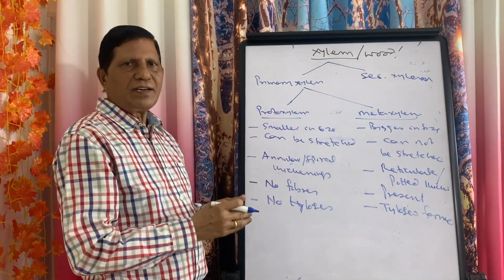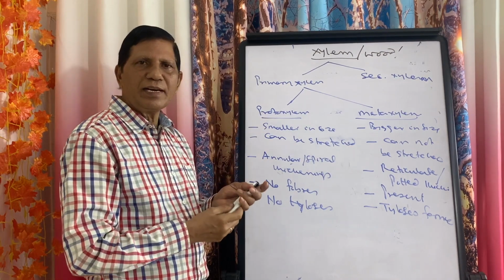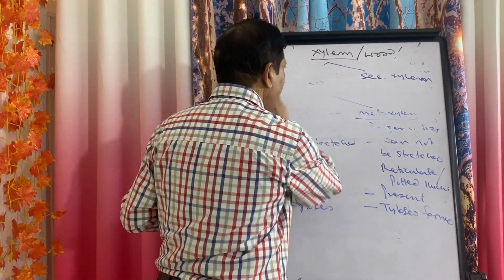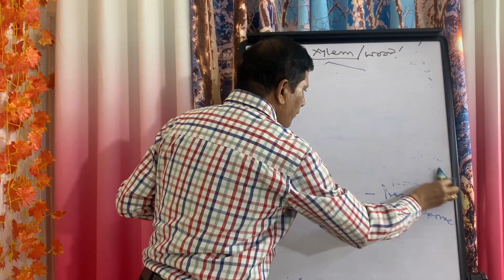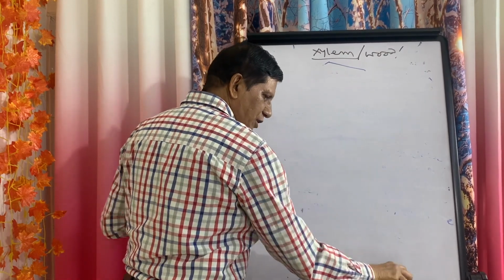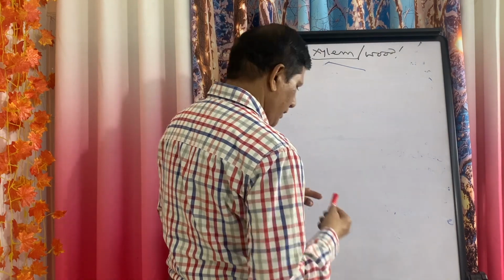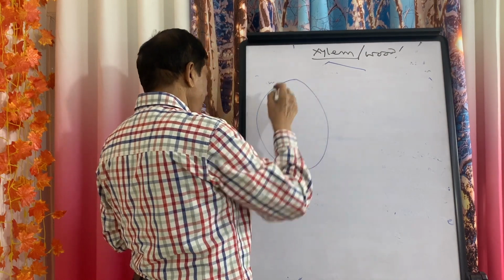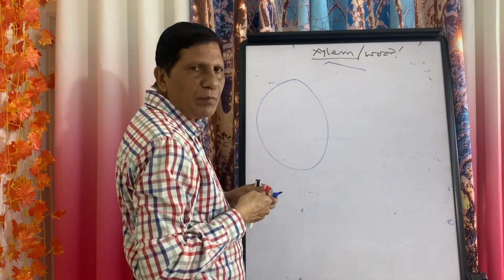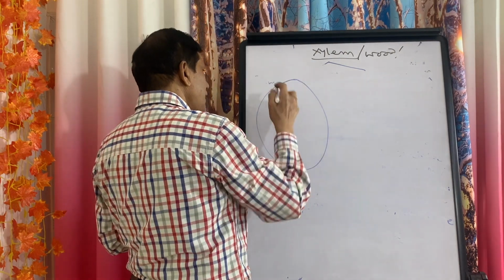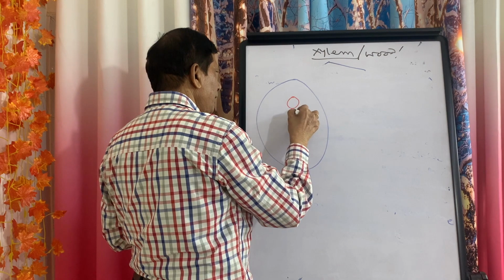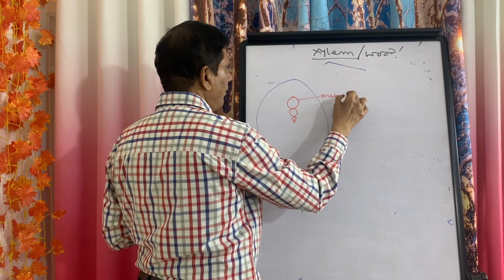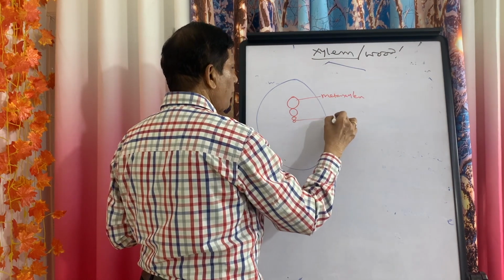Now diagrammatically let us explain the structure of this protoxylem and metaxylem in the case of stem and root. Now if we draw the diagram of a stem, suppose this is one dicot stem. Then how are the metaxylem and protoxylem present here? This is the outer side. Now this is metaxylem, while the smaller ones are known as protoxylem.